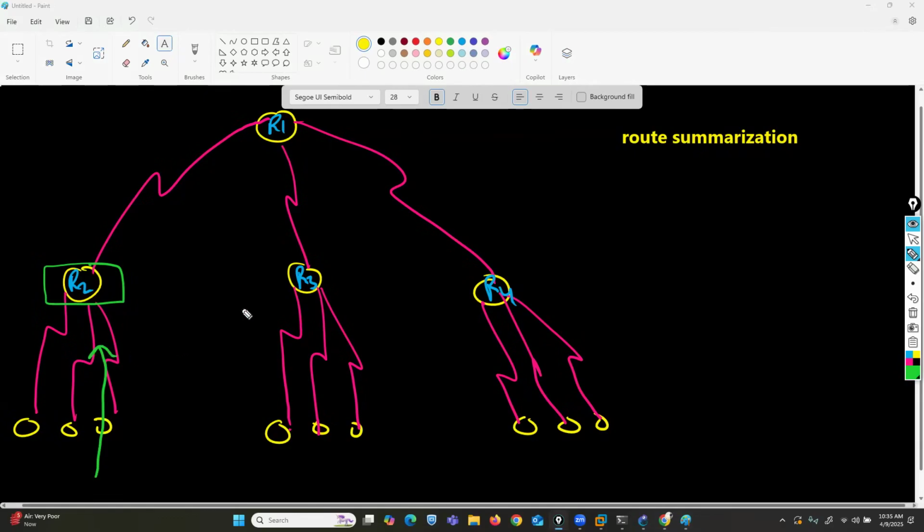This side has multiple routers. R2 has connectivity with multiple routers and is receiving a lot of route information.